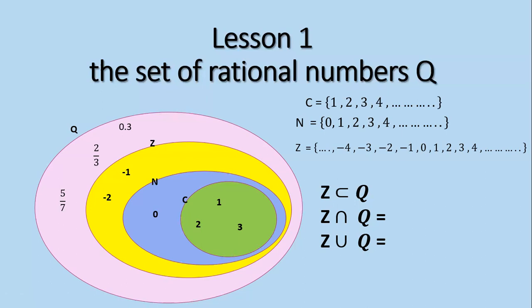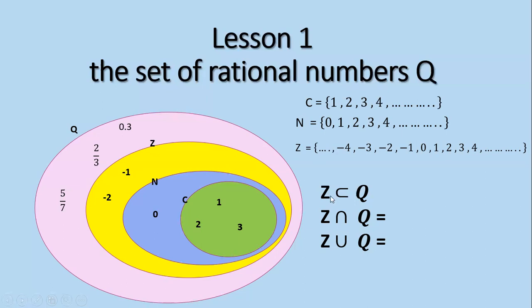So we need to combine these numbers with Z. We get a new set which is called the rational numbers, denoted with the capital letter Q. From the opposite figure, we see that counting, natural, and integer numbers are all subsets of Q.